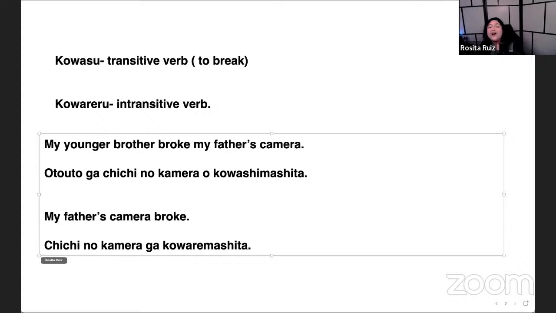Now, if you guys are in my Discord, I did leave a common list of transitive verbs and intransitive verbs. So remember the first example when I was explaining transitive and intransitive verbs in English, to raise versus to rise?